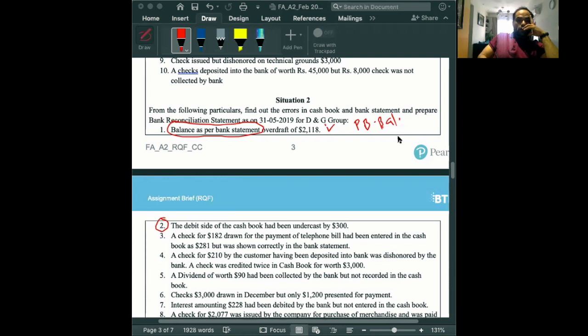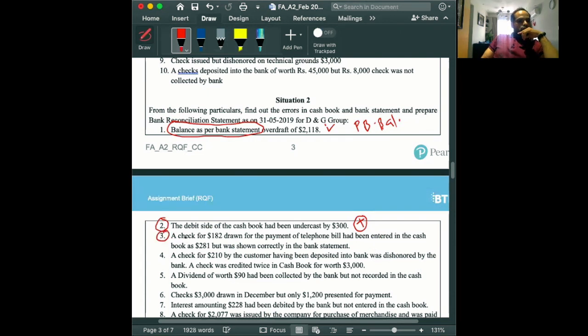So remember, your question starts with passbook balance. Keep this in your mind. All right? So she said we will plus. Everybody plus? Anybody say negative or minus? Nobody minus? Okay, we will check later. We move on to three.